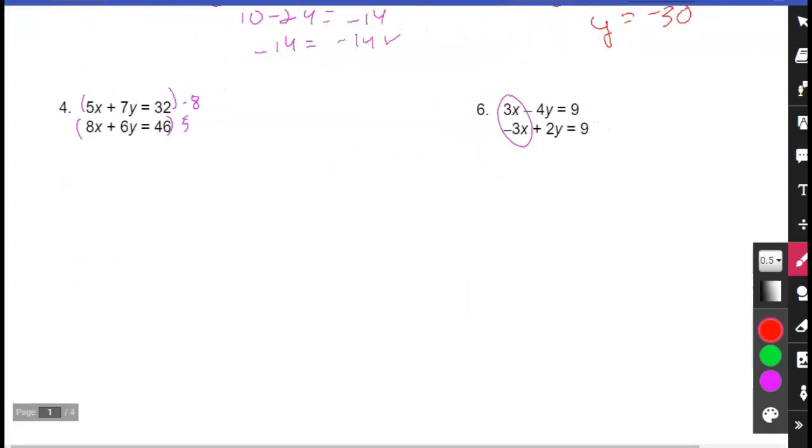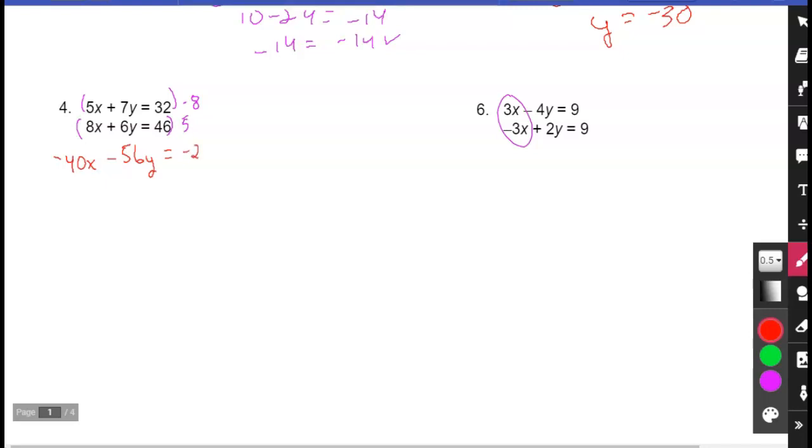Down here, number 4, I suggested you multiply by the opposites. So this is definitely one where you would need a calculator. But I have negative 40x minus 56y. And 32 times 8. 8 times 30 is 240, plus 8 times 2 is 16.